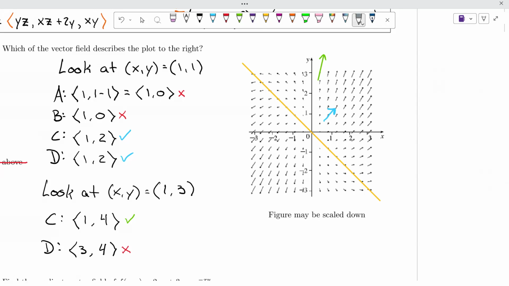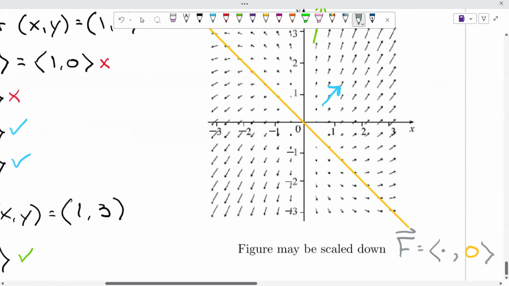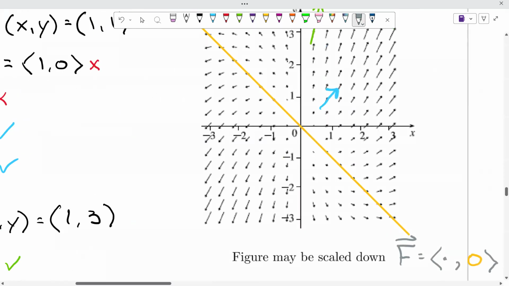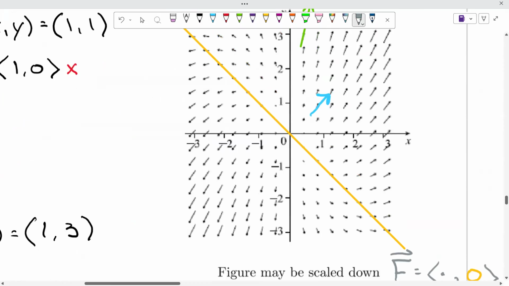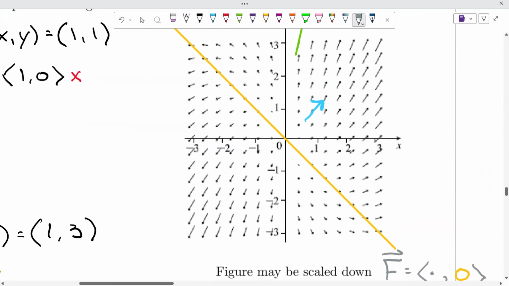Looking at the field along that line, my field seems to not be moving up or down at all. If I'm looking at all of the vectors along this yellow line, I'm seeing mostly straight left and right vectors along that line.